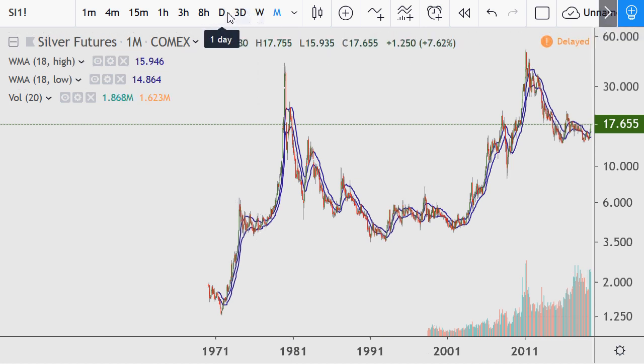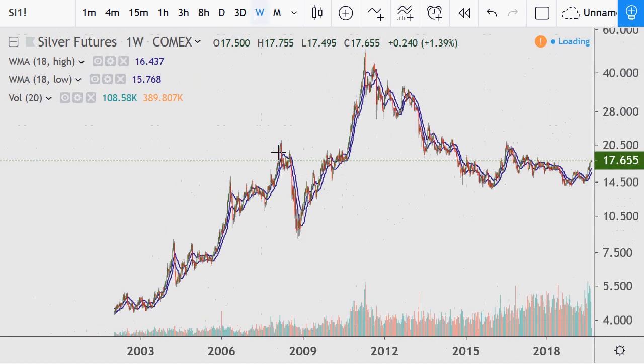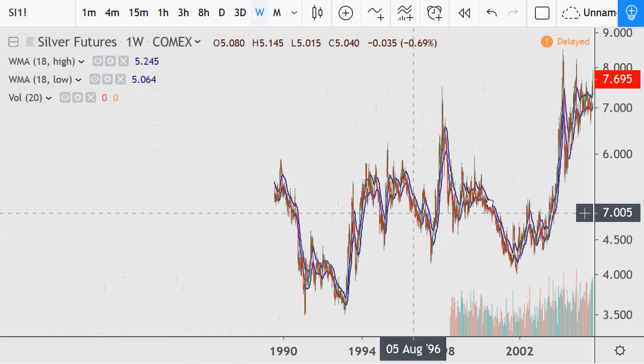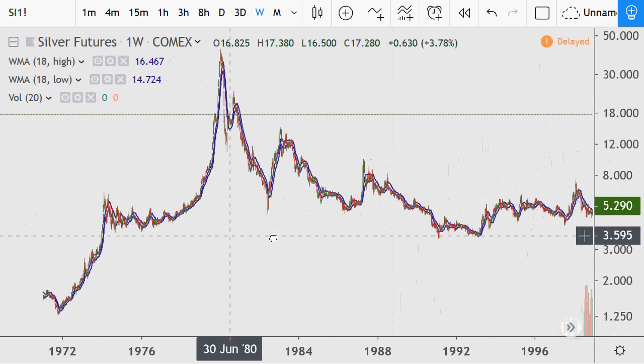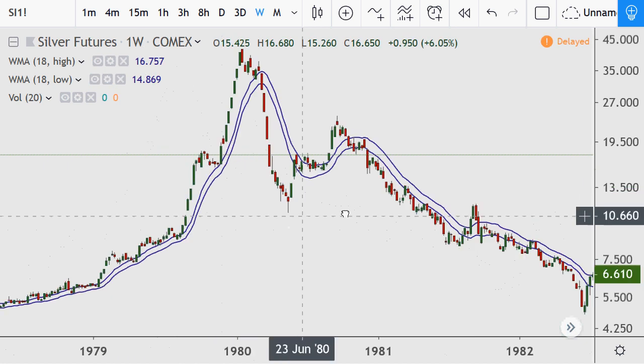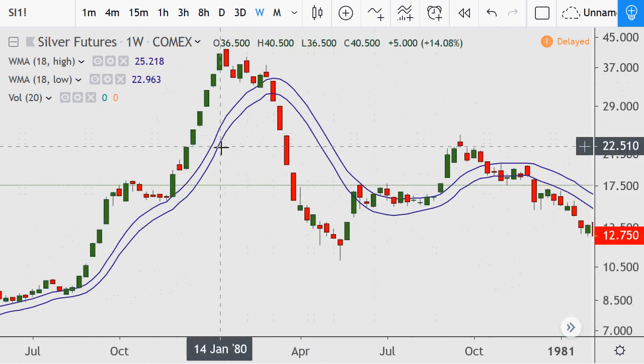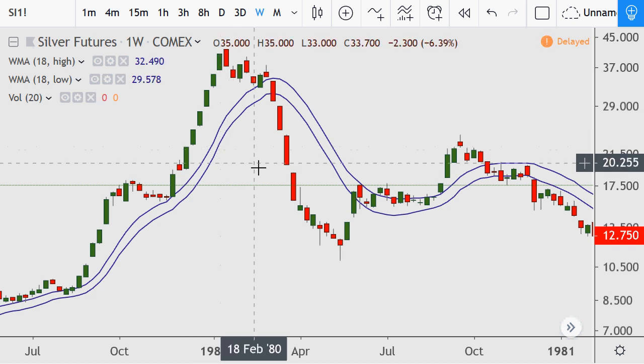Let me go back to the weekly and see. As if it matters, because all of these data points you see don't have much for the tick lines in here. This has a high of 40.5 and then 41.